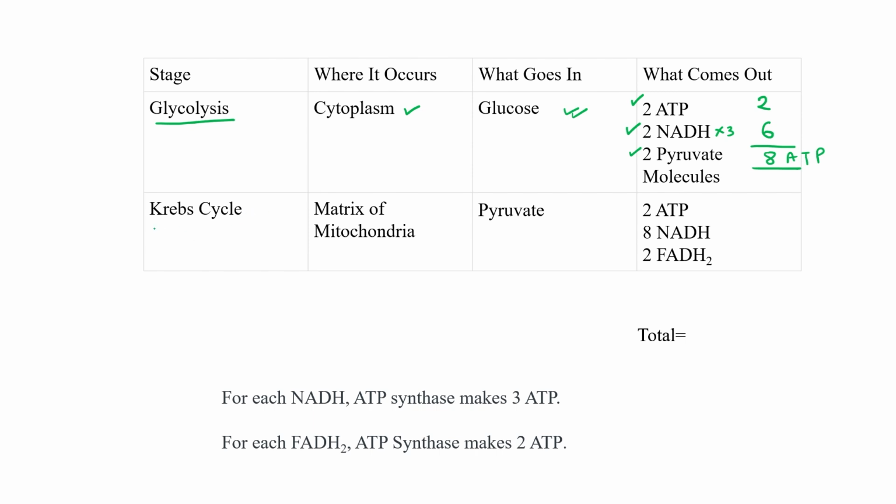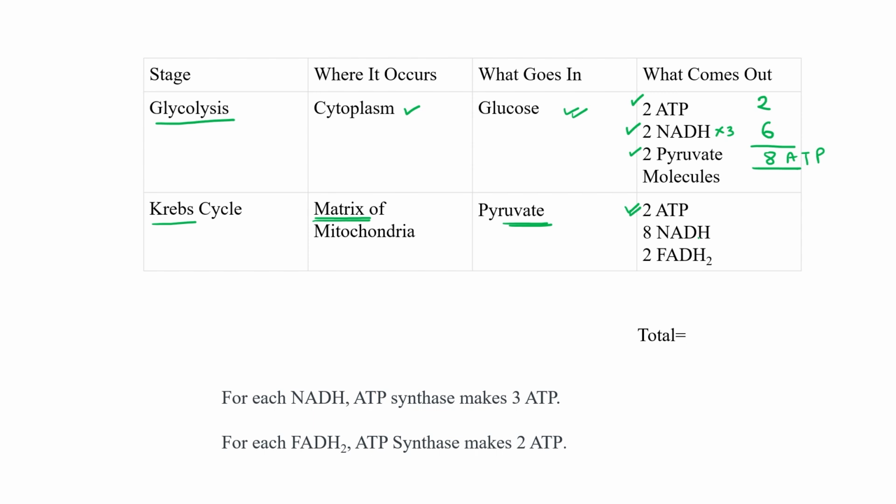Then in the Krebs cycle, what is the second stage? Krebs cycle, where does it occur? In the matrix of the mitochondria. What kind of molecule enters this pathway or matrix? This is pyruvate, right? So with pyruvate, 2 molecules of ATP. Yes, correct. 8 molecules of NADH, including the link reaction, right? Conversion of pyruvate to acetyl coenzyme A occurs as the first step, and 3 molecules during the Krebs cycle, right?